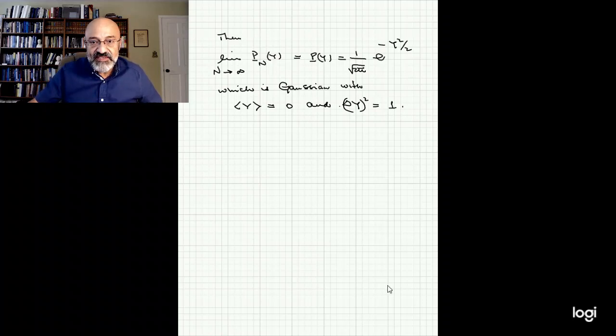So this scaled variable has a very, very simple probability distribution.